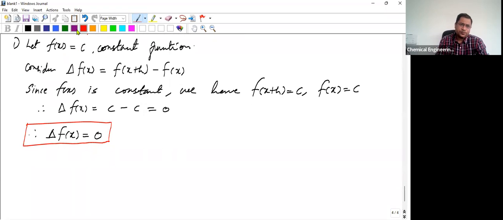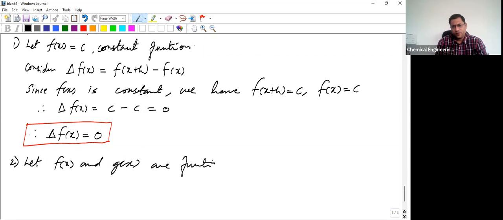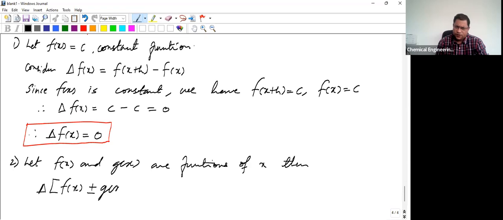So what we can have, suppose f of x and g of x are functions of x, then delta of f of x plus or minus g of x is nothing but delta f of x plus or minus delta g of x.